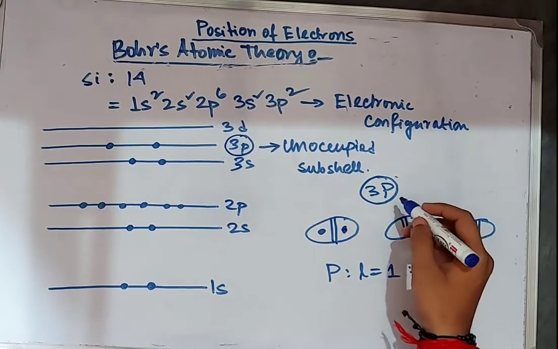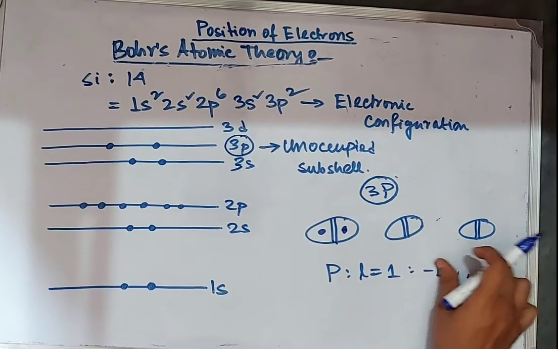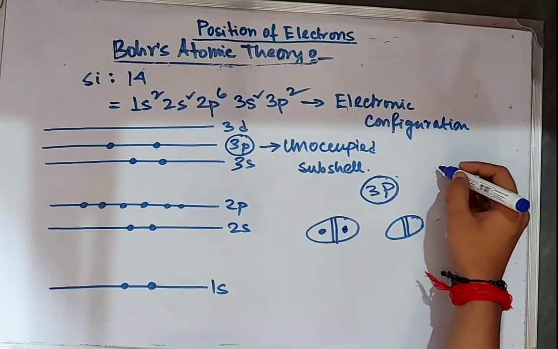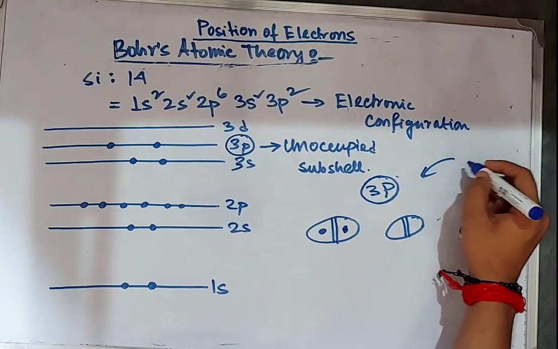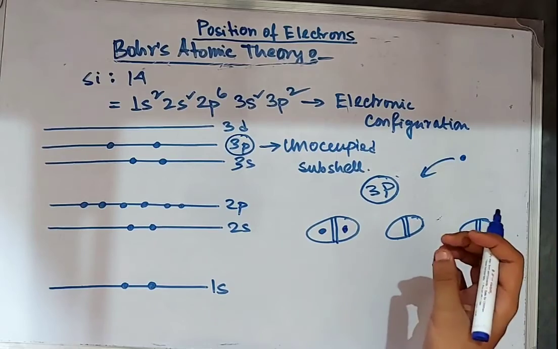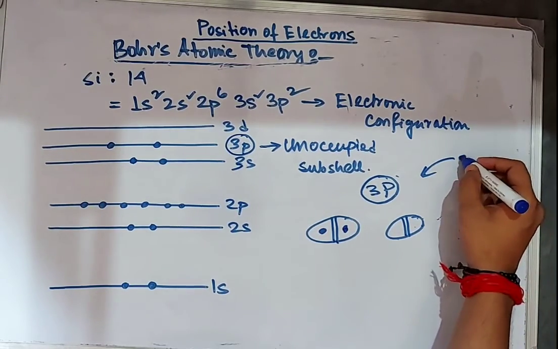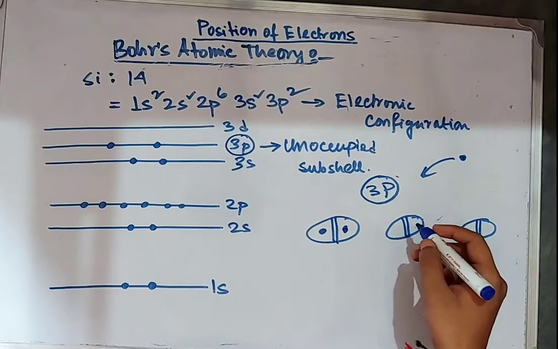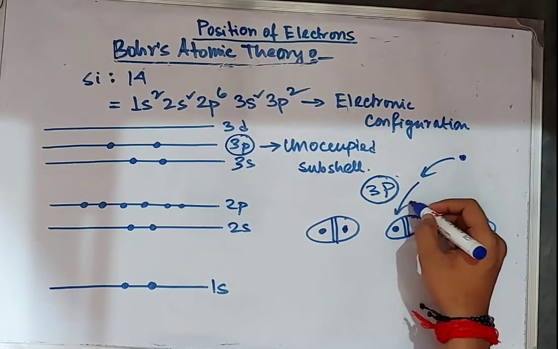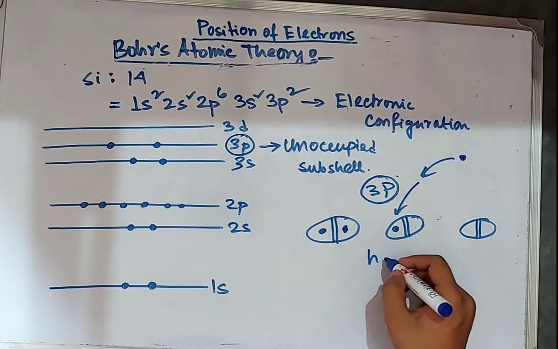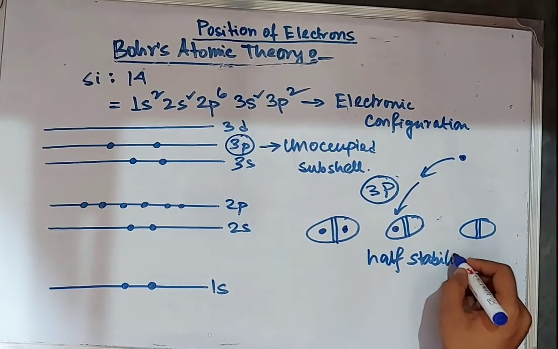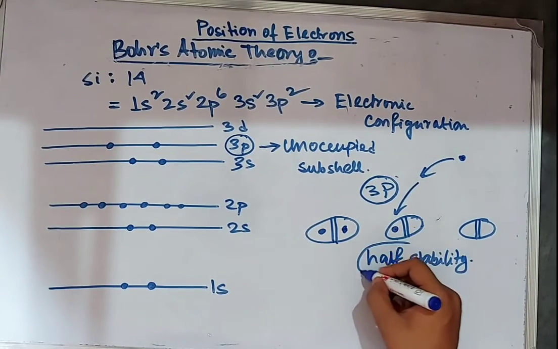So the 3p subshell will try to get stable, and for that it will accept an electron. If there is any source of electrons near the silicon atom, it will accept an electron from that atom and put it into an orbital, so that it gets its half stability.